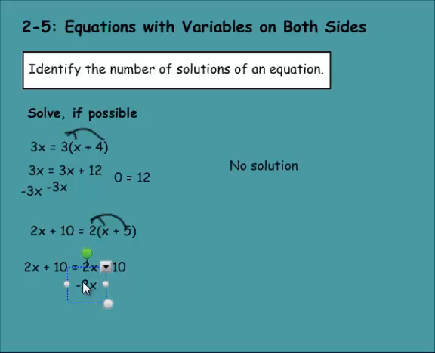So if I subtract 2x here, if I subtract 10 here, let's see what happens. 2x minus 2x would be 0. 10 minus 10 would be 0. Equals, this would also be 0. So this would be 0 equals 0. And when this happens, that means that the equation has infinite solutions, meaning that the solutions will go on forever. So you would say infinite.